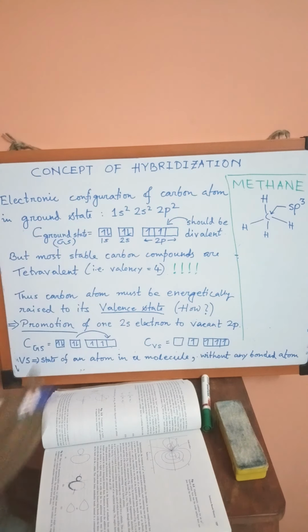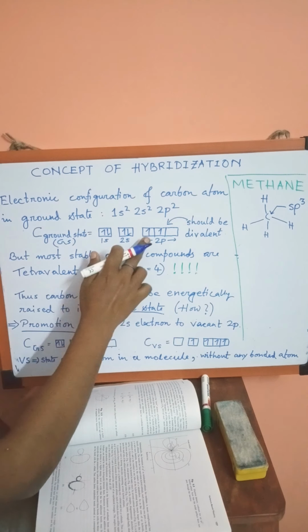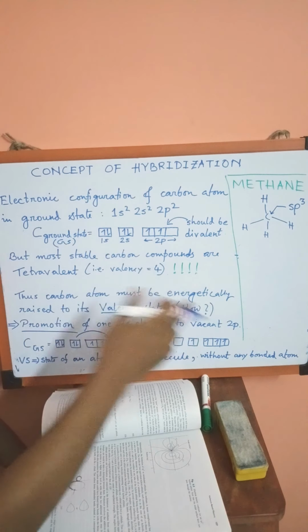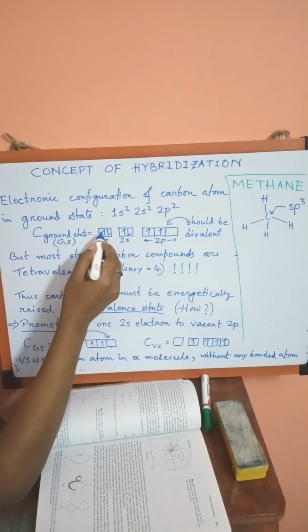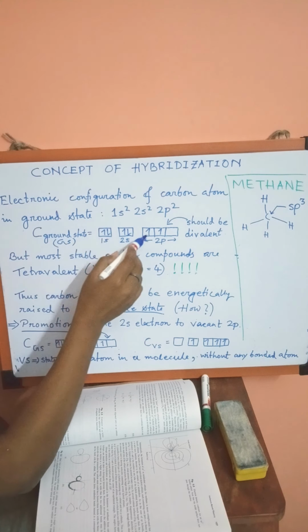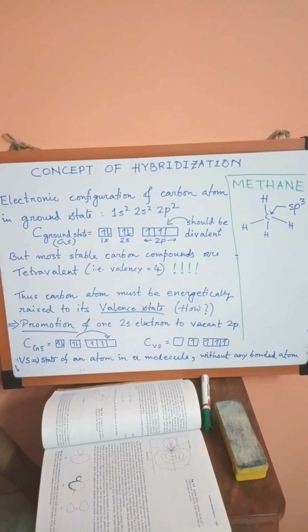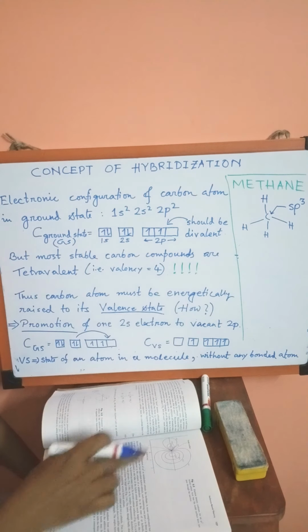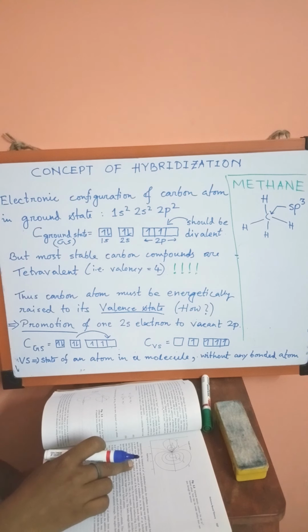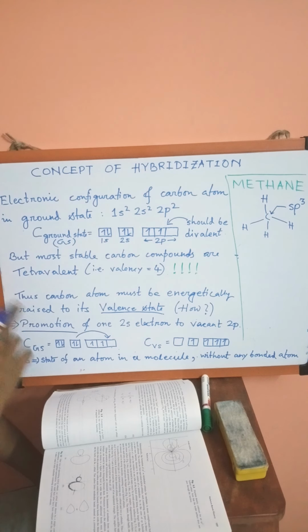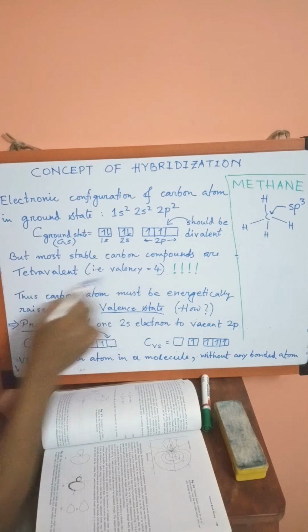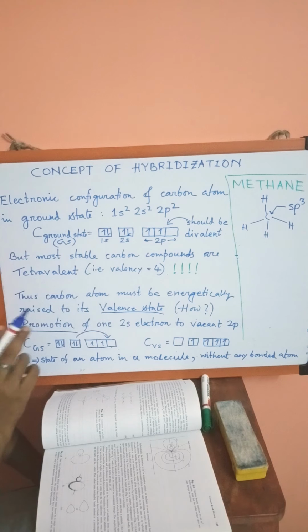That means it has to contain not 2 but 4 unpaired electrons. These are paired electrons and this is an unpaired electron. Only then can it form 4 such bonds. So what is the possibility here? The most stable is tetravalent, valency 4. How is it possible?